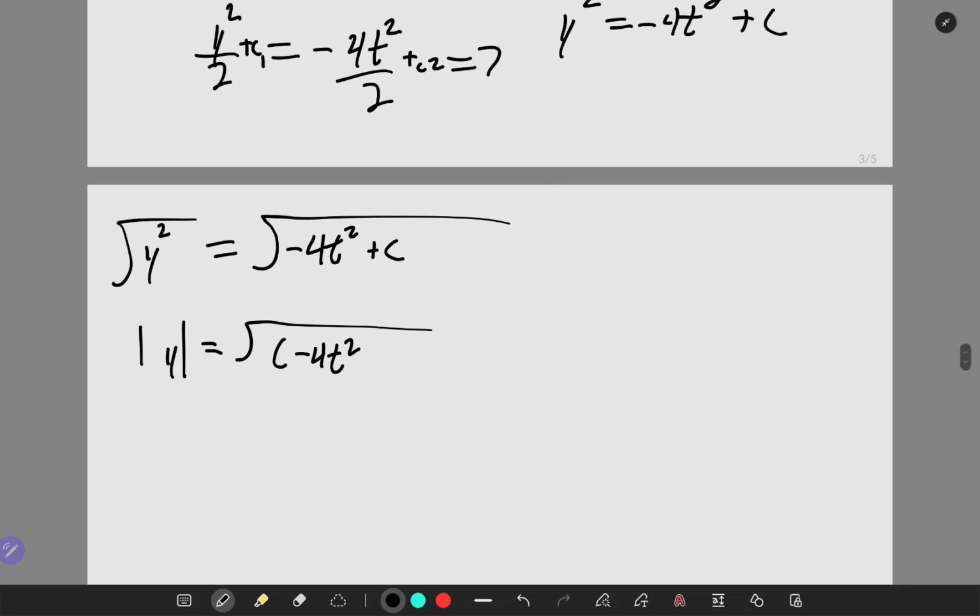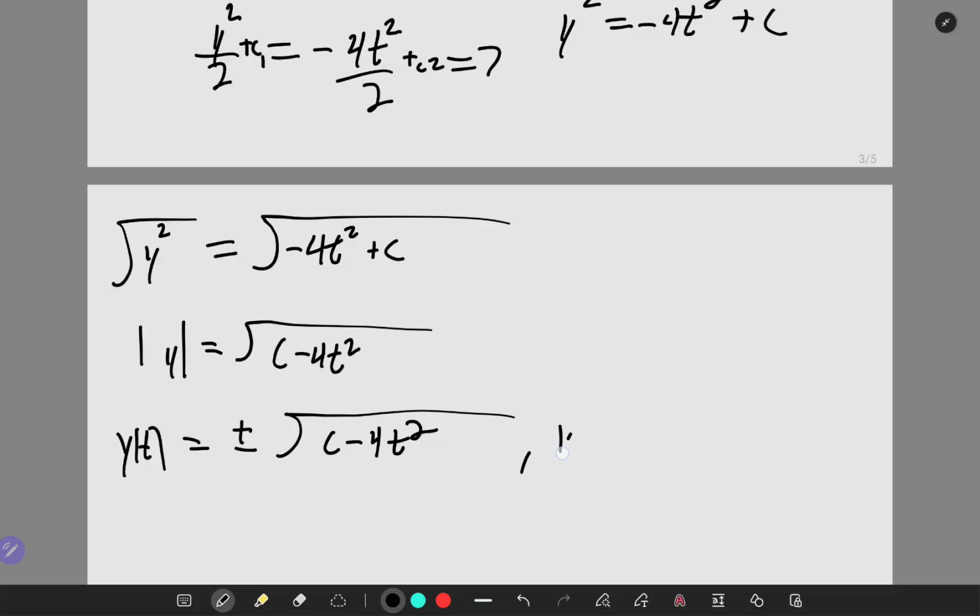So now knowing that this is the absolute value, we can rewrite this to be y is equal to plus minus the square root of c minus 4t squared. Okay?